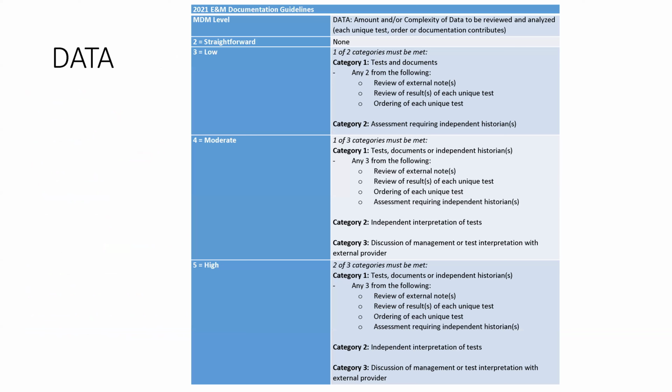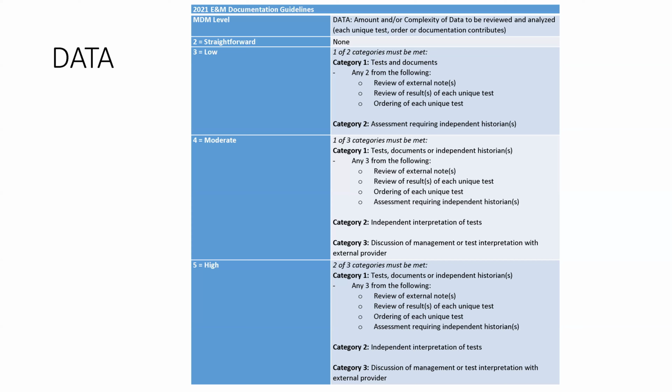All right, so now moving into the data. We're trying to get to that level 5 again. So understanding the difference between level 4 and level 5 is important. It's the same categories. It's just different requirements. So if you can remember one, you can remember them both fairly easily. So level 4, you only have to meet one of the 3 categories.